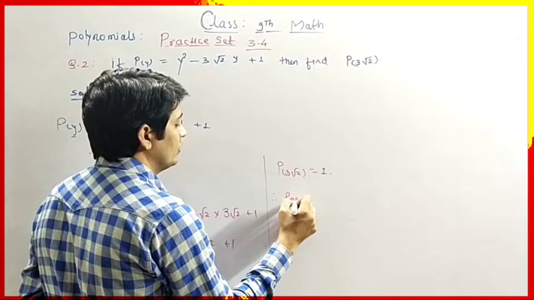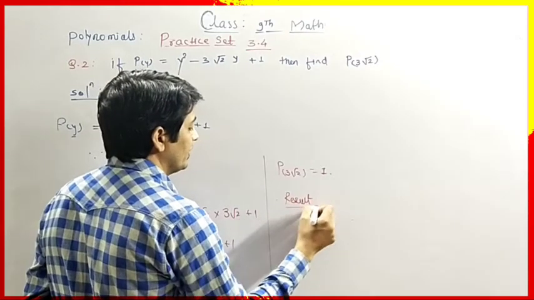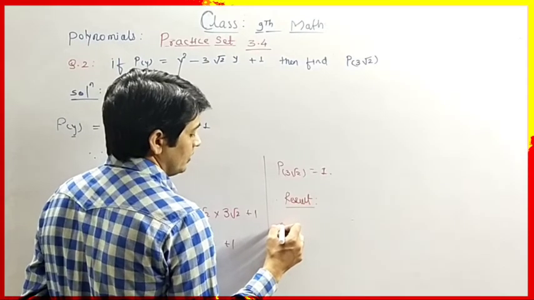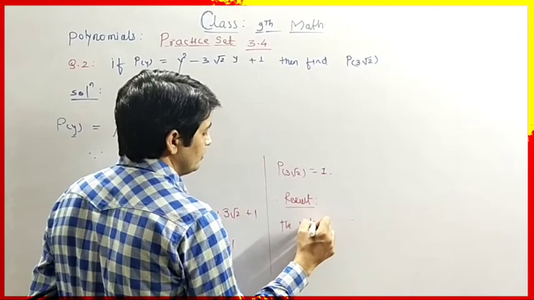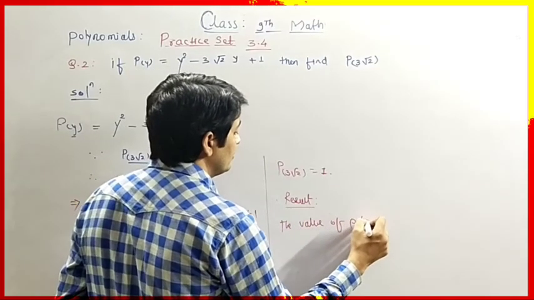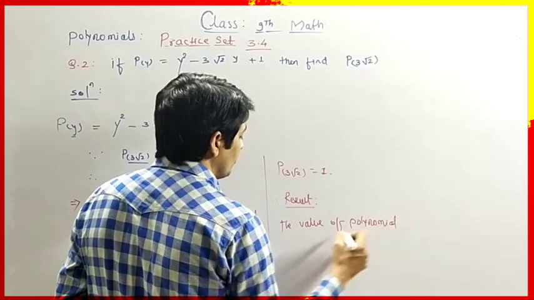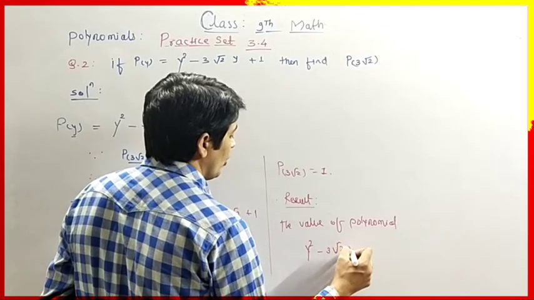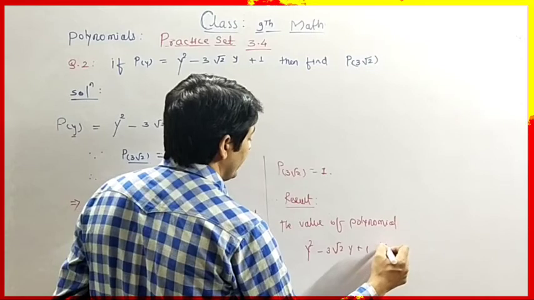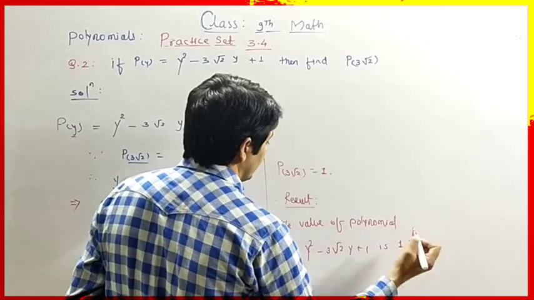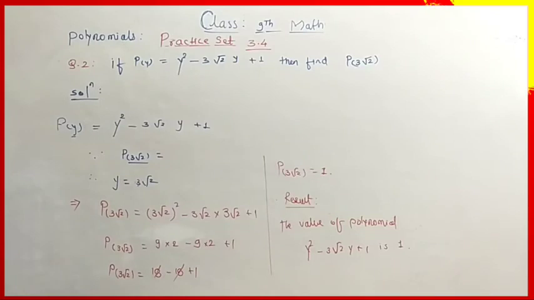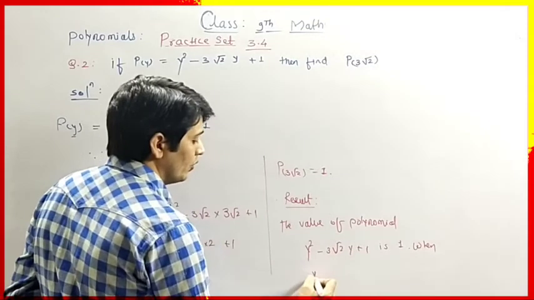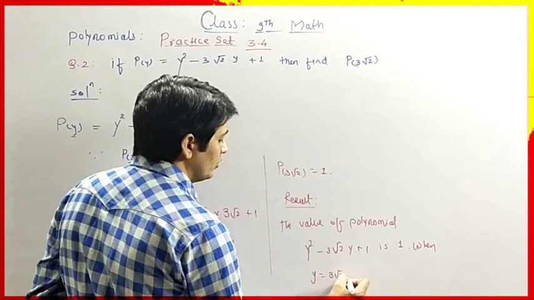Therefore, we have to write the result. What will be the result? The value of polynomial y square minus 3 root 2 of y plus 1 is 1 when y equals 3 root 2.